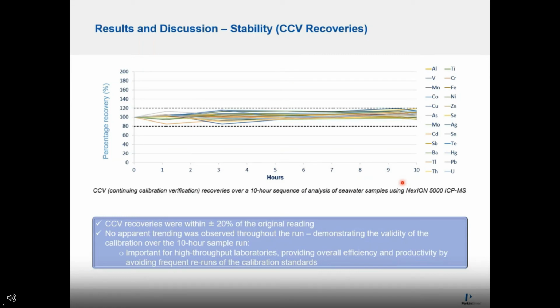As shown in this figure, there was no apparent trend throughout the run, demonstrating the validity of calibrations over the whole sample run, and all the CCV or continuing calibration verification recoveries were found to be within 20% of the original reading. This definitely will help high throughput laboratories in terms of overall efficiency and productivity by avoiding having to rerun the calibration standards, so that you spend more time doing your analysis rather than doing calibrations.